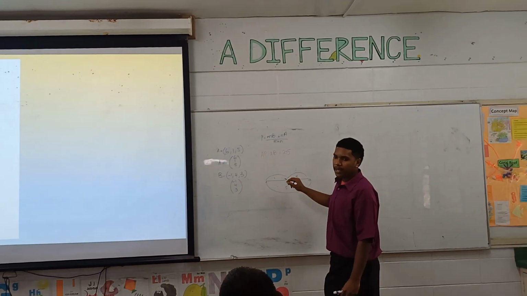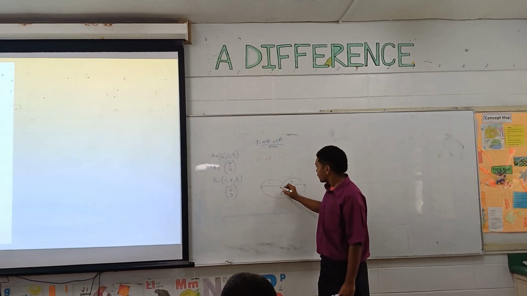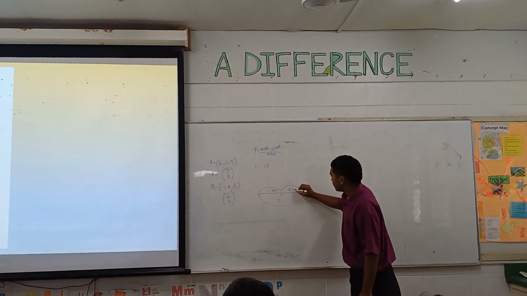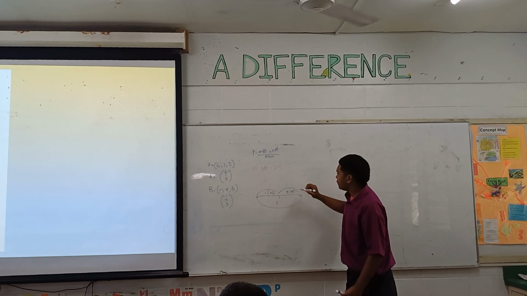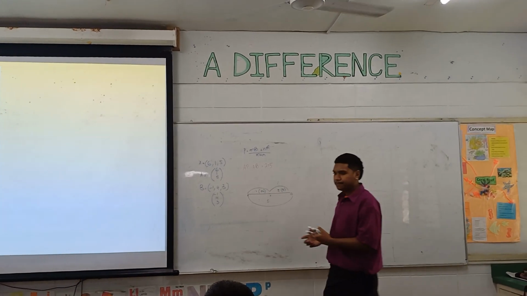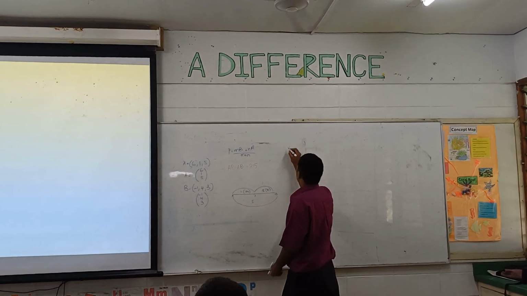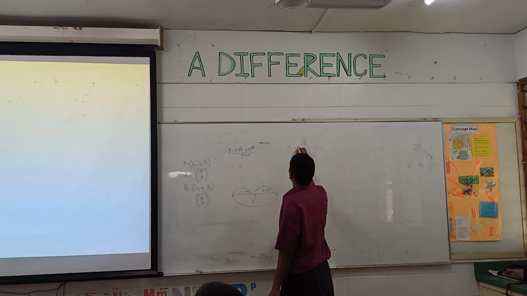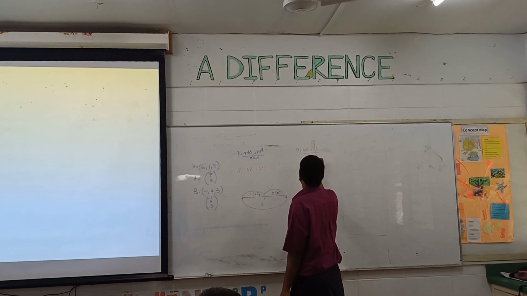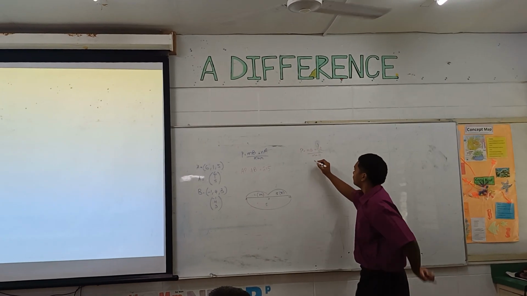What will be the value of my M? 2. And what will be the value of my N? 3. Now can you substitute the values into the formula and find out the answer? So P is equal to MB plus NA over M plus N. What is M? 2.